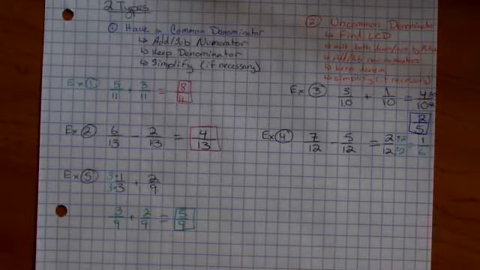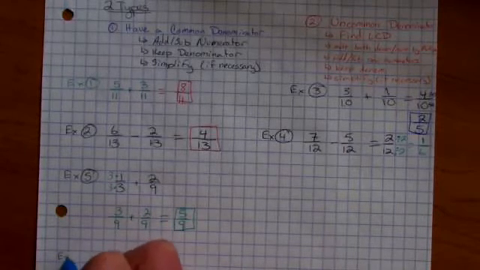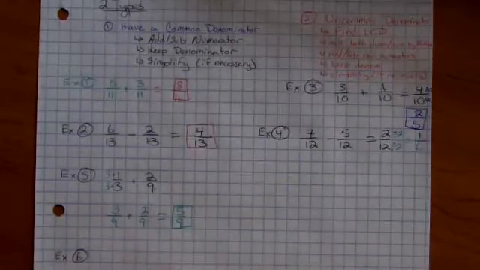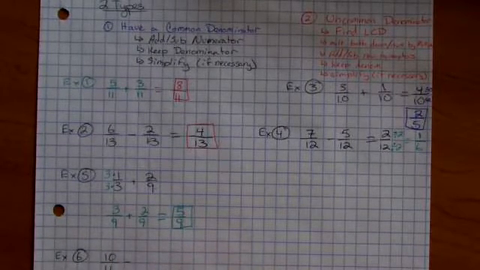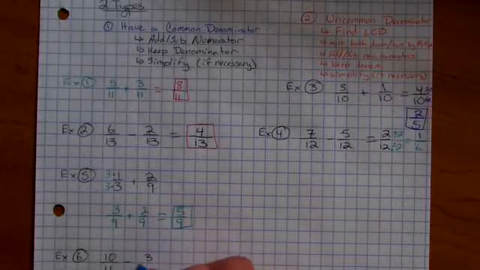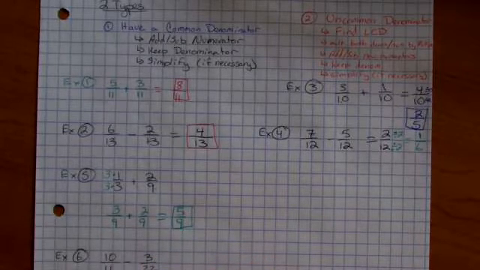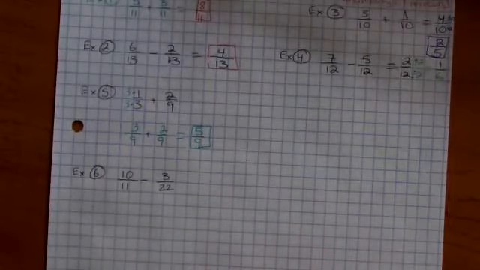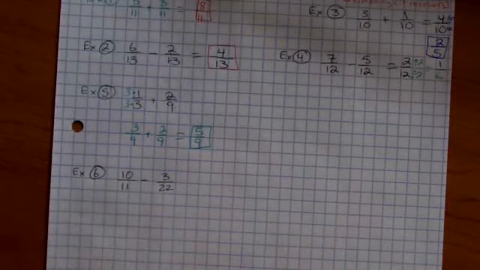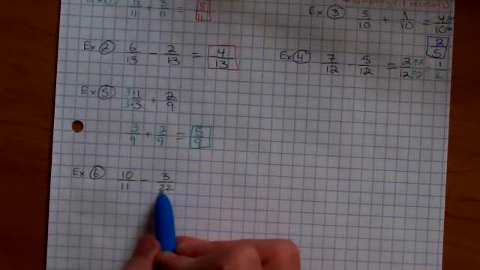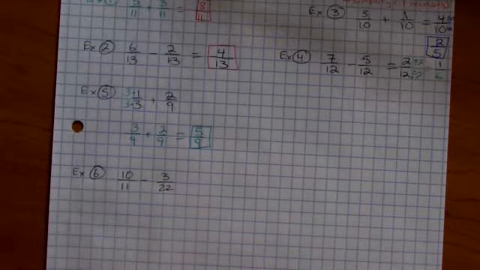So let's look at another one. Let's go with example 6. 10/11 minus 3/22. Slide this up so we can see it a little bit better. We don't have a common denominator. Our least common denominator would be 22.